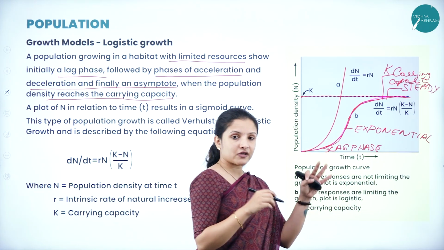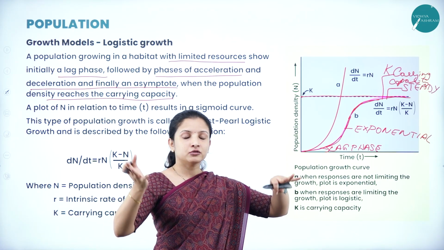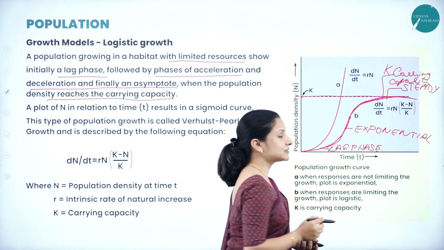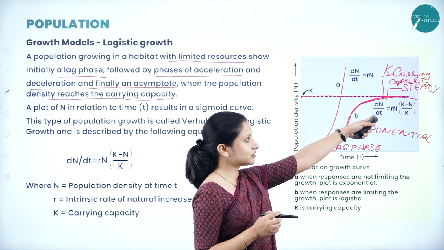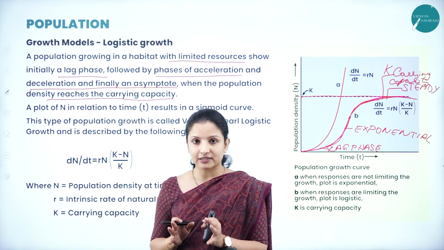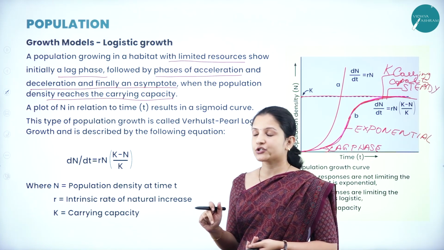Now the death of individuals has occurred, and the resources are also enough. So now the population will become stagnant, a steady state or a constant state, which is the time when the population has reached the carrying capacity. So that gives rise to a sigmoid curve, that is an S-shaped curve.